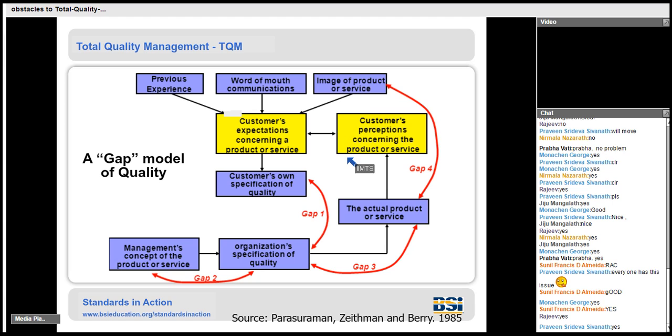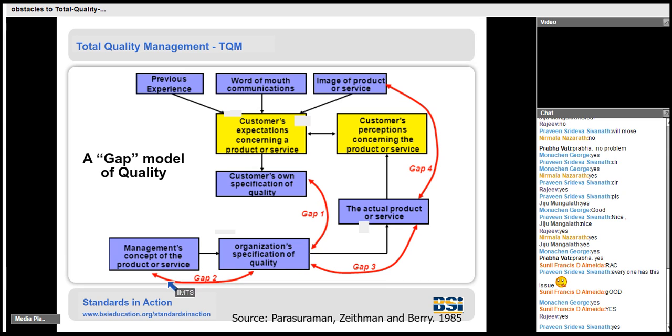Then the customer's perceptions concerning the product or service, the actual product or service, and management's concept of the product or service. It starts from here basically. The management's concept of the product or service, then the organization's specification of quality, the actual product or service, the customer's perception of the product and service, then the customer's expectations concerning the product or service, and the customer's own specification of quality.